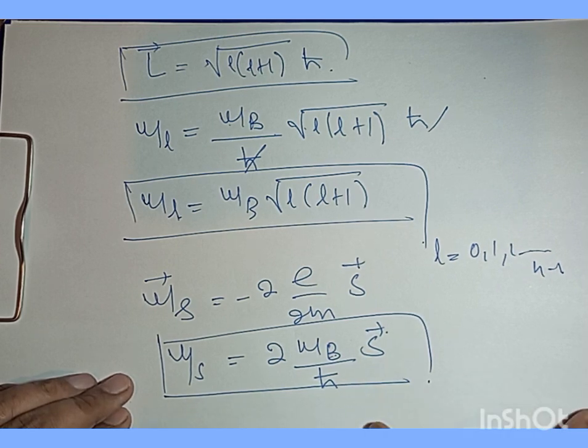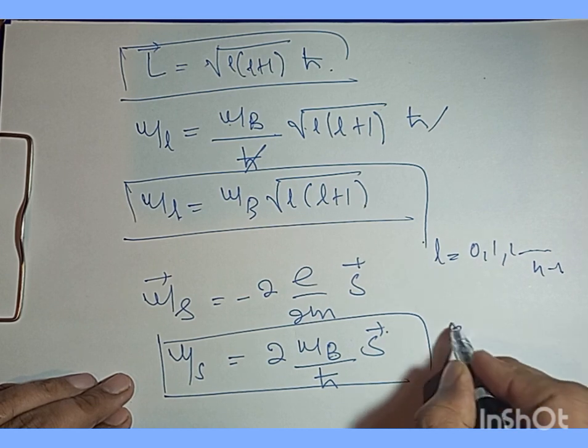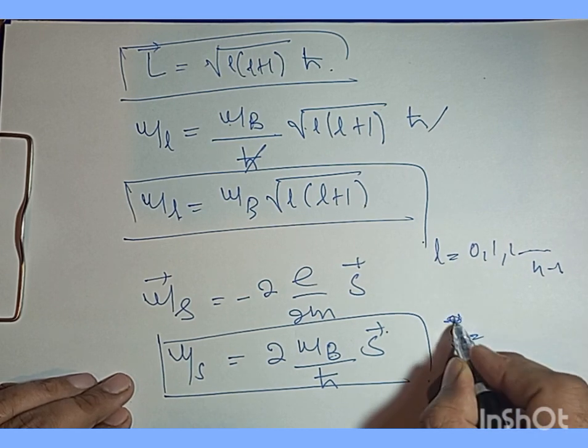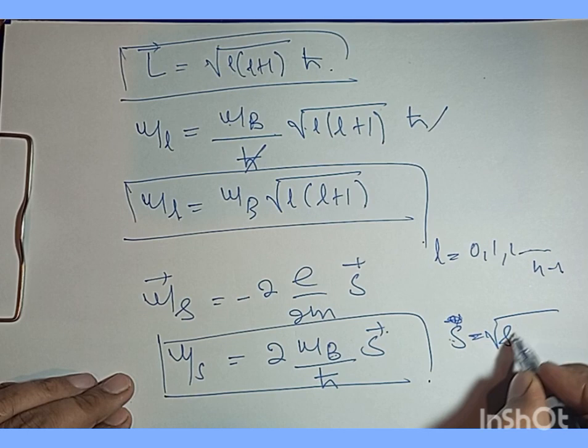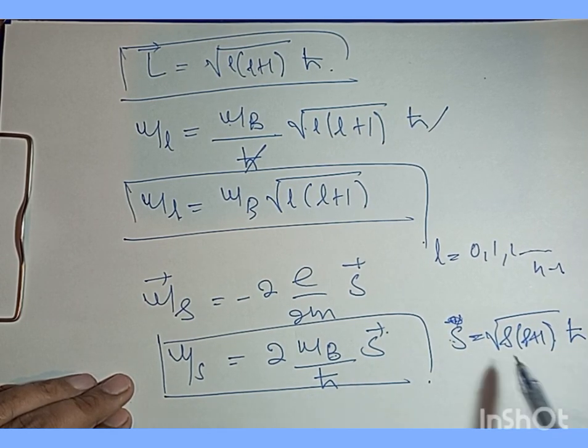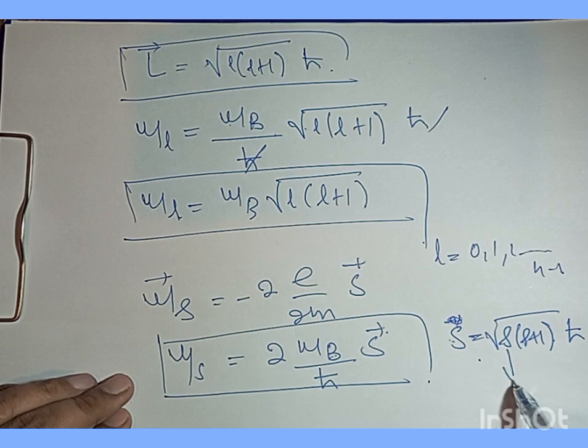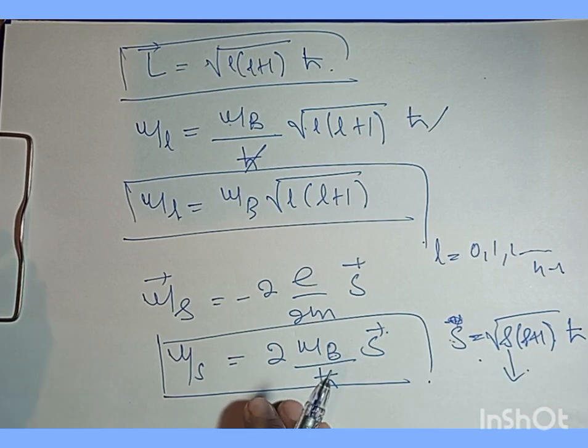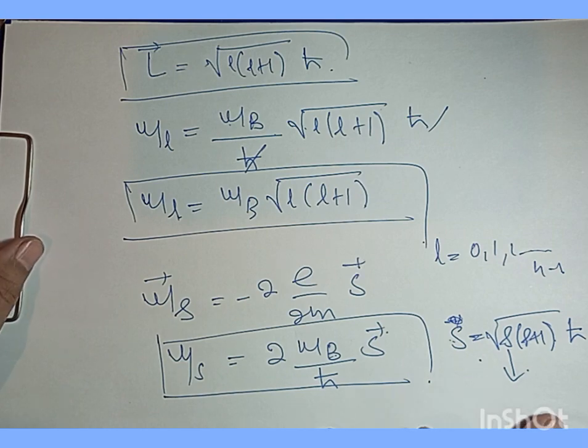The magnitude of S is the square root of s times s plus 1, times h cross, and this s is the spin quantum number.